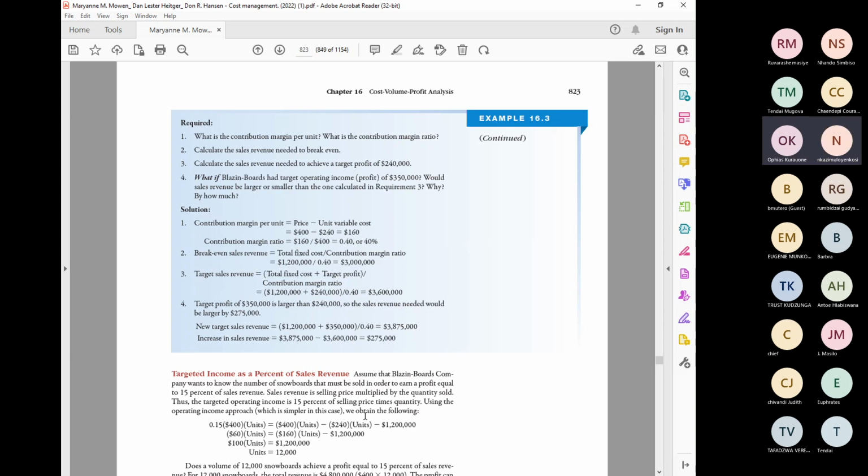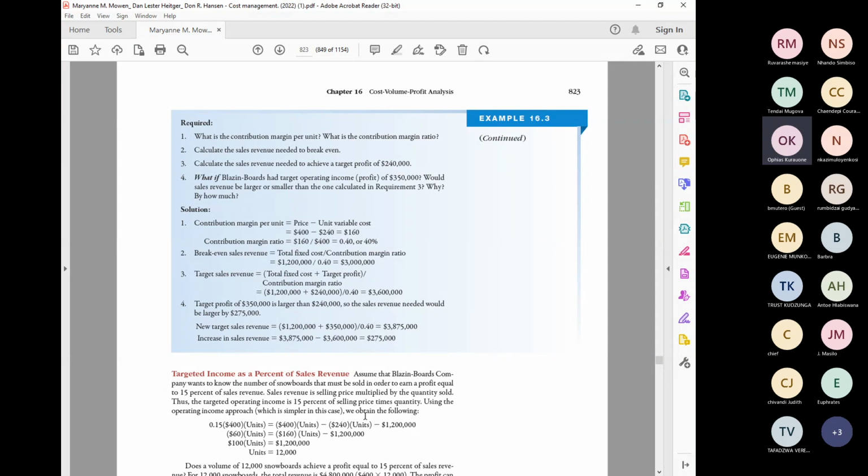Okay, then the solution is simple. Contribution margin, we have been doing it several times: the price less unit variable cost. Then break-even sales revenue is the total fixed cost over the contribution margin ratio. Like what I said, you are not going to be given a formula in the examination room.